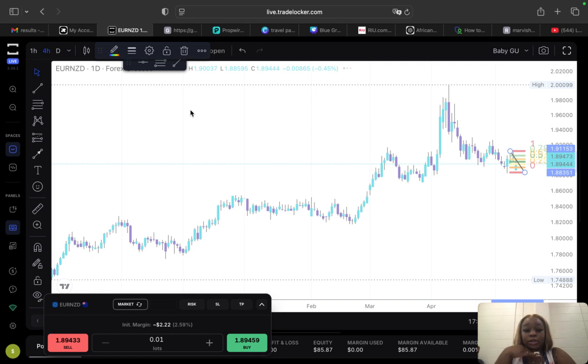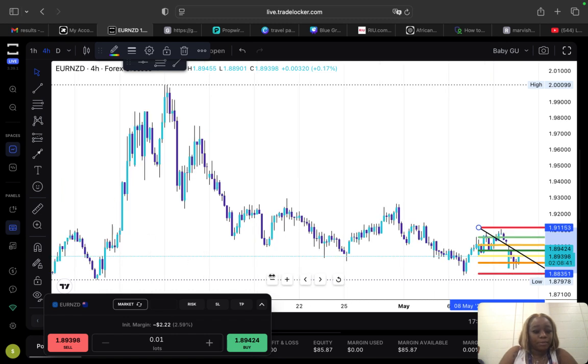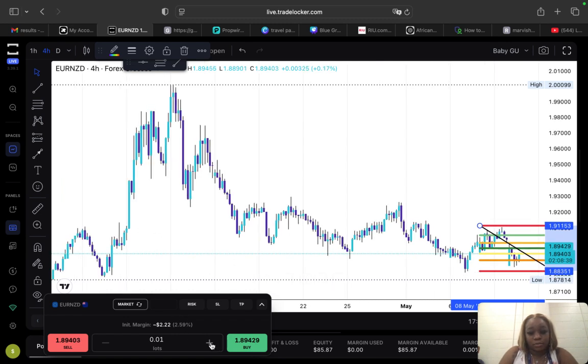What is liquidity? Liquidity is when the market is moving. This sideways action you see right there, that's a consolidating market. You don't enter the market when it's consolidating. This moving up and down, that's liquidity. So I like the way this looks. I'm going to take a buy on Euro NZD.